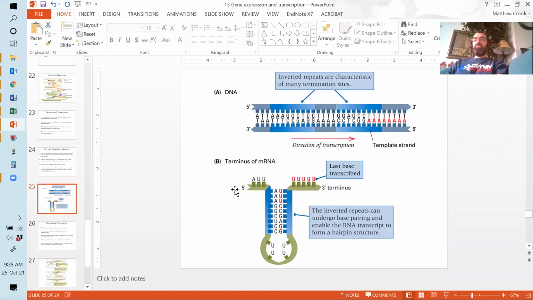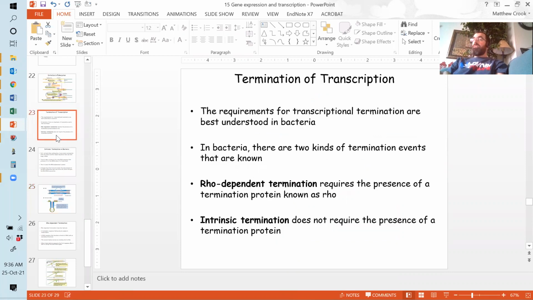And transcription termination is one of the aspects of this whole lot that students struggle with a little bit, because there are different concepts at play. We have 2 types of transcription termination. Rho dependent, which requires a protein called Rho.